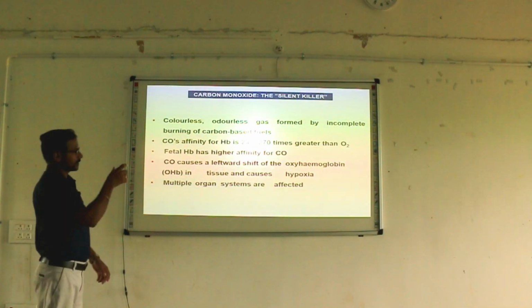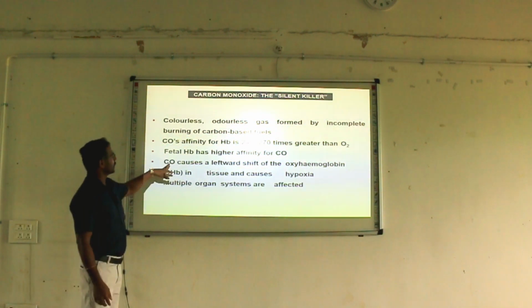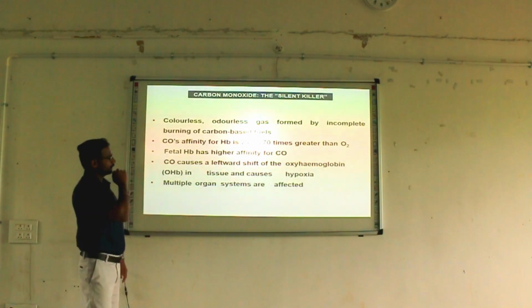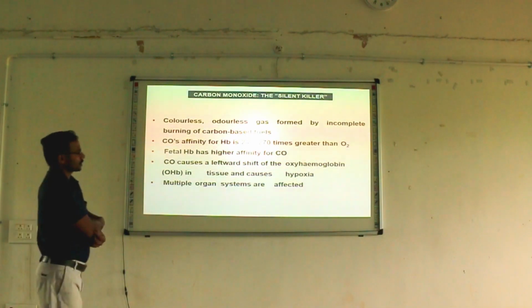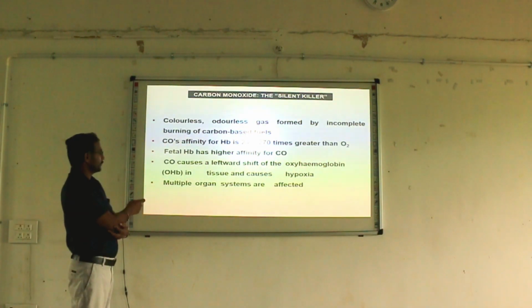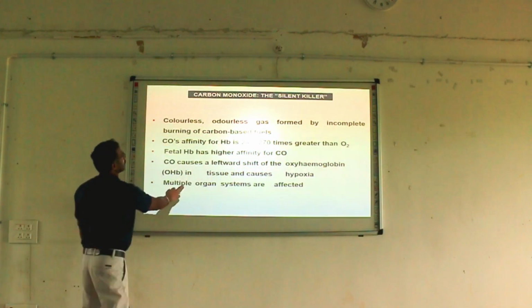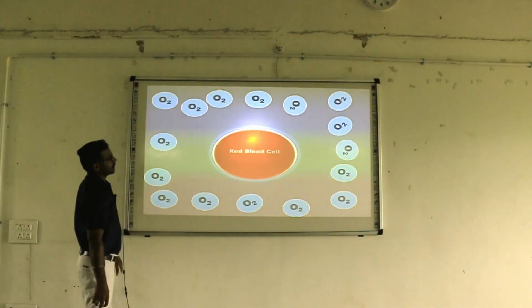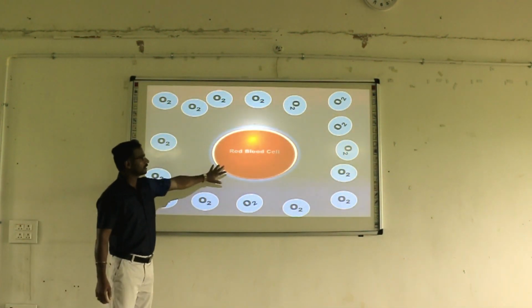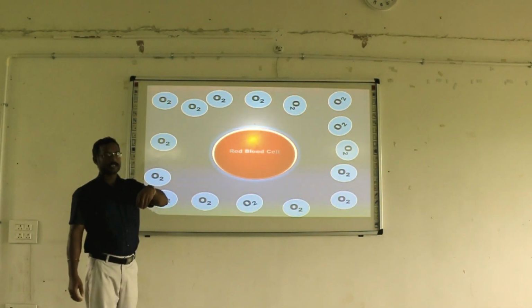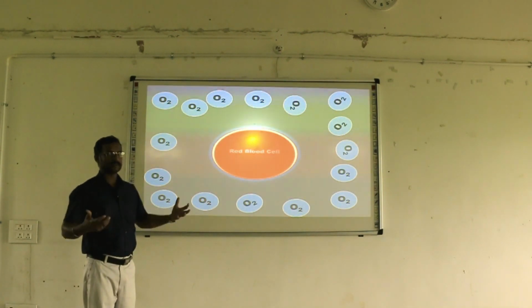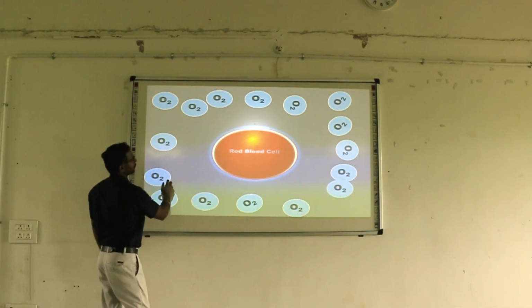On the next slide we can see the effect of carbon monoxide. Carbon monoxide causes a leftward shift of the oxyhemoglobin curve in tissue and causes hypoxia, and then multiple organ systems are affected. Here we can see the red blood cell always carries oxygen. Once we inhale, oxygen will spread to all body systems.